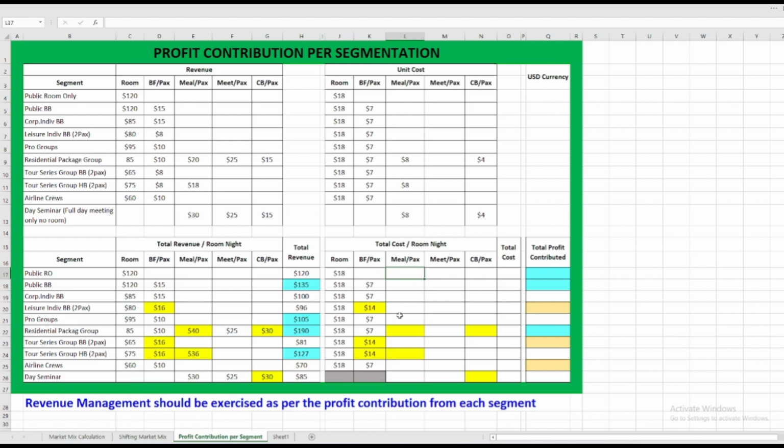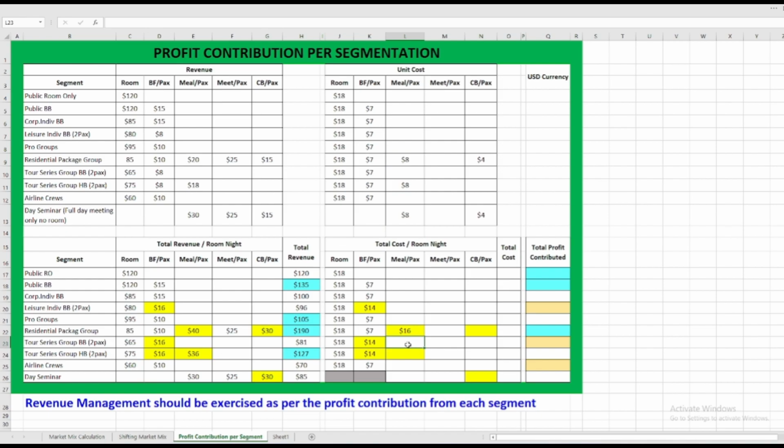For meals, we can see here residential group has 2 meals, because lunch and dinner, so 8 times 2 persons means 16.